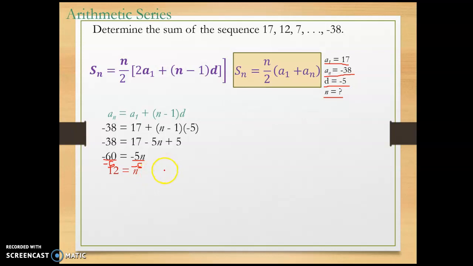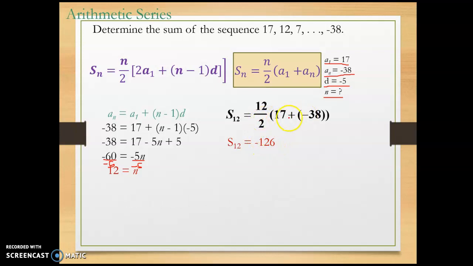Then we now have n, which is 12, so we can replace these values in the formula. So s sub 12 equals 12 over 2, then a sub 1, the first term 17, and then the last term negative 38. Now we can get the sum of the 12 terms. So s sub 12 equals negative 126.